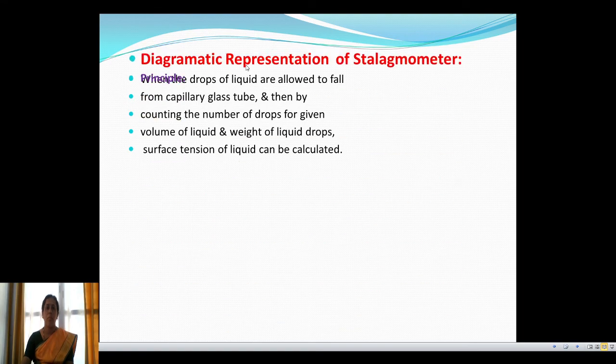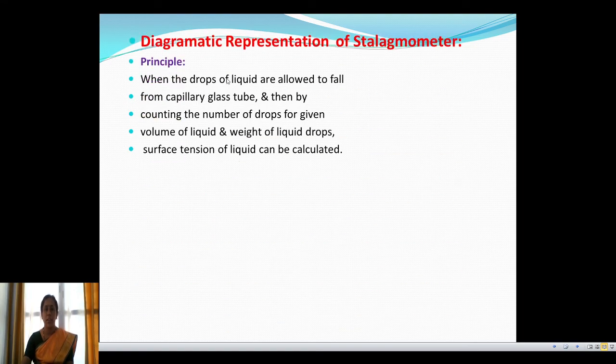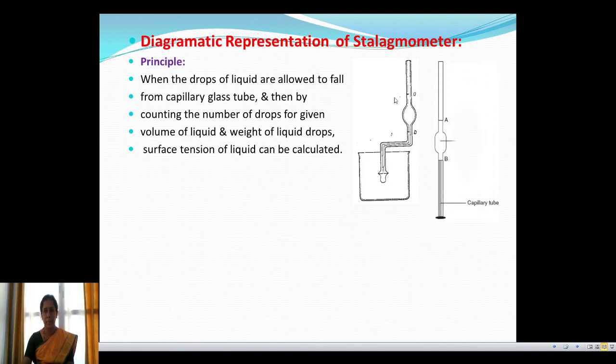Now we will discuss the first method, the diagrammatic representation of the stalagmometer method. This is a very common method for the determination of surface tension. The diagrammatic representation is as below. First of all, we will discuss its principle.